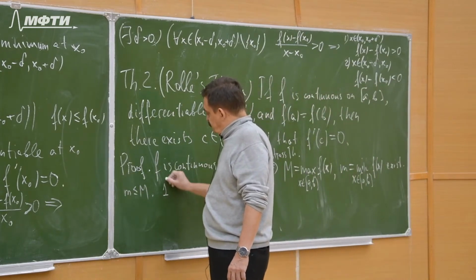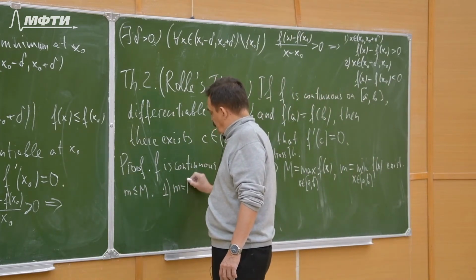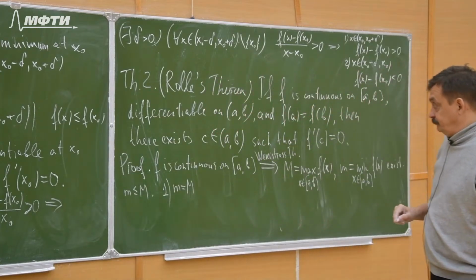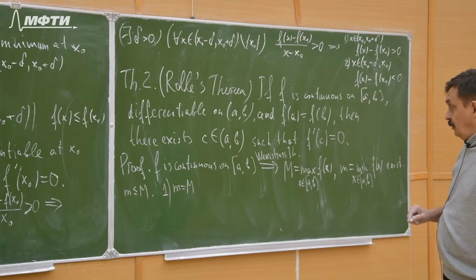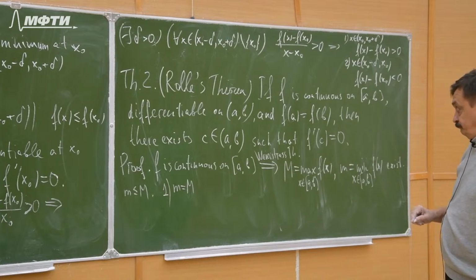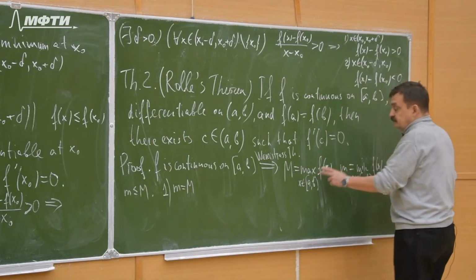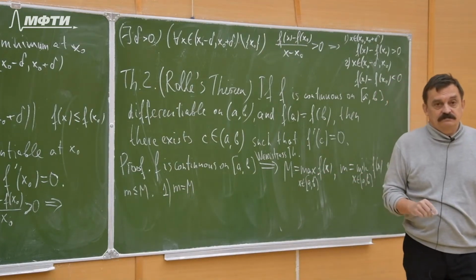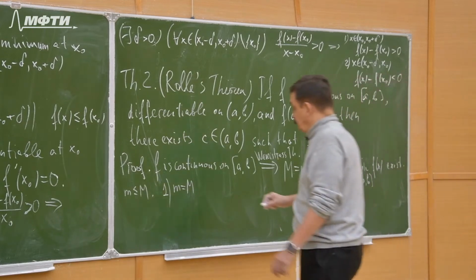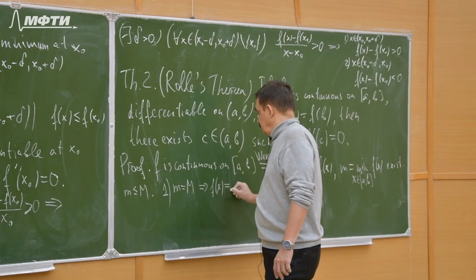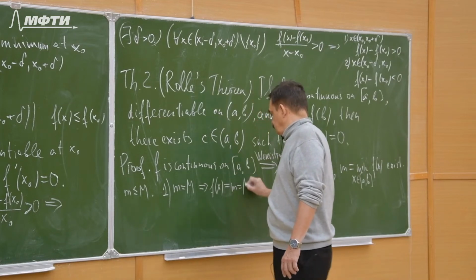Firstly, let us consider the case small m equals capital M. What happens then? Let us think. Minimum equals maximum. We deduce that f of x is identically constant, right?